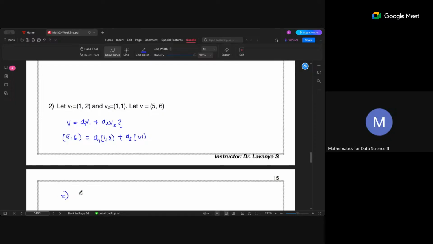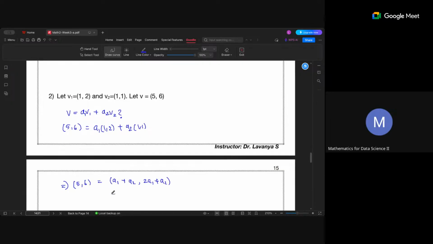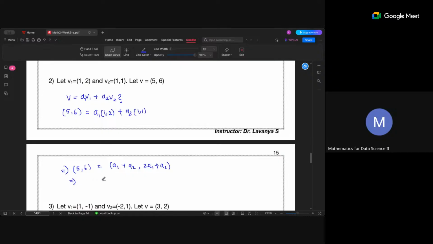Rewriting this, you get (5, 6) equal to (a1 plus a2, 2a1 plus a2). So when we equate the components, we get a system of linear equations. Can you quickly solve this system and see whether it has a solution or not?